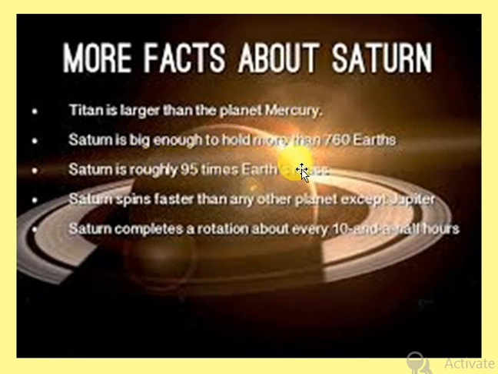Saturn is big enough to hold more than 760 Earths. Saturn is roughly 95 times the Earth's size. Saturn spins faster than any other planet except Jupiter. Saturn completes a rotation about every 10 and a half hours.